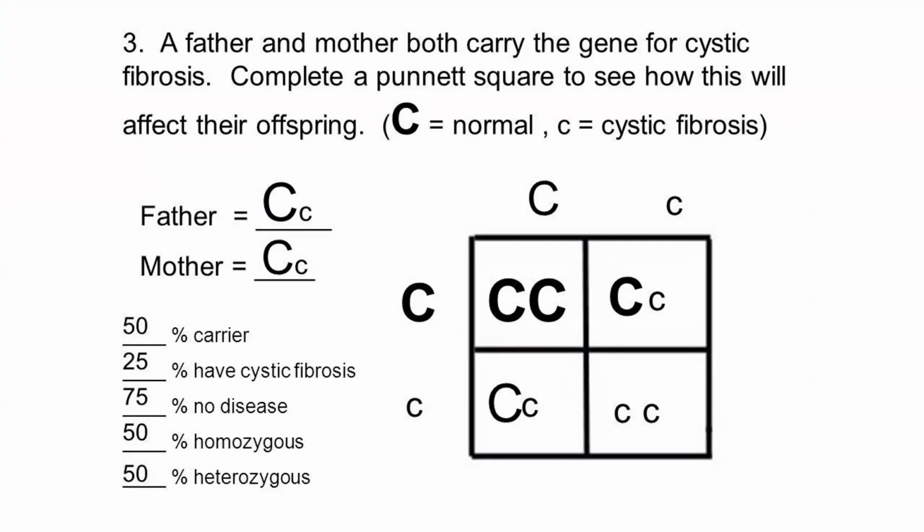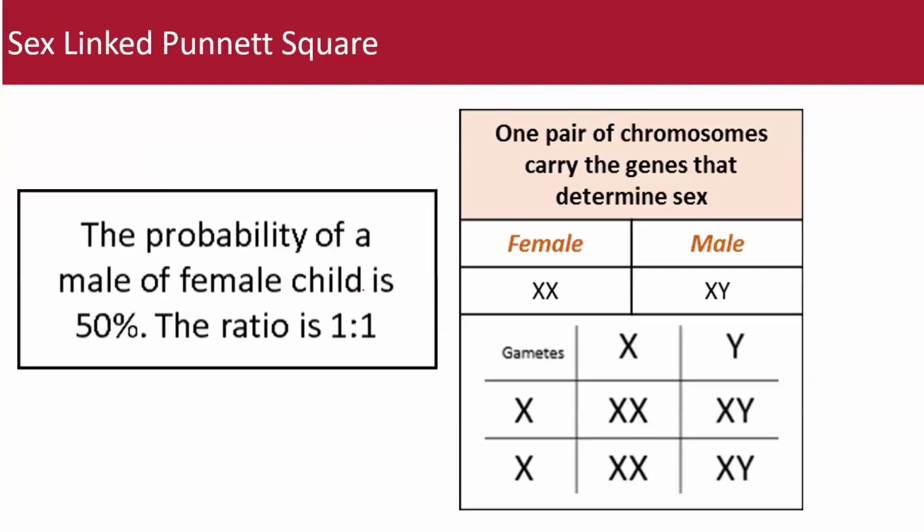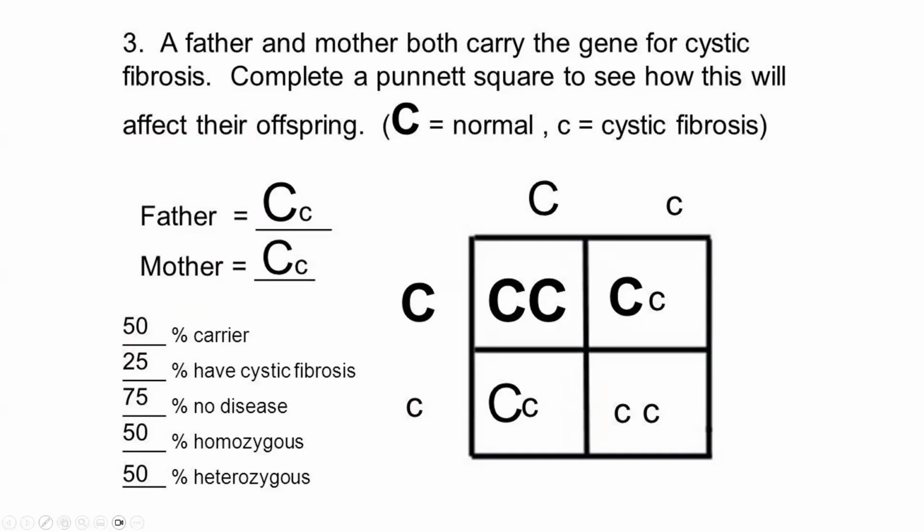So heterozygous dad, heterozygous mum. Then for the Punnett square, you do big C, little c, big C, little c. You all then know how to do a Punnett square. So then what you're going to get is big C, etc., etc.